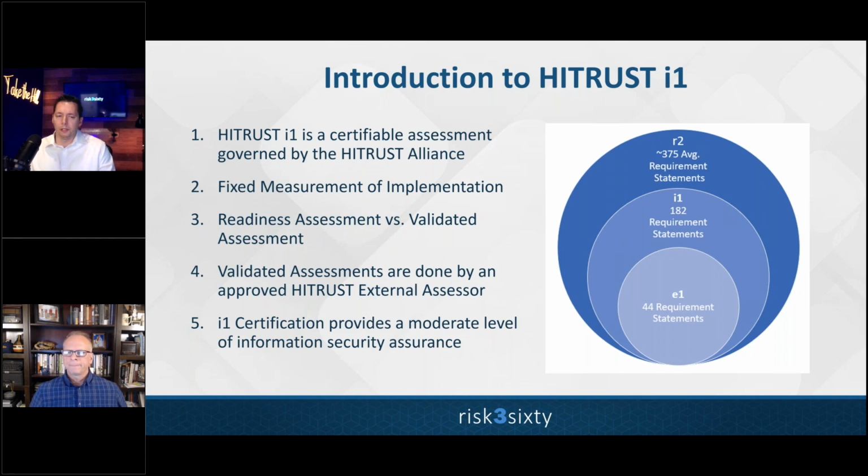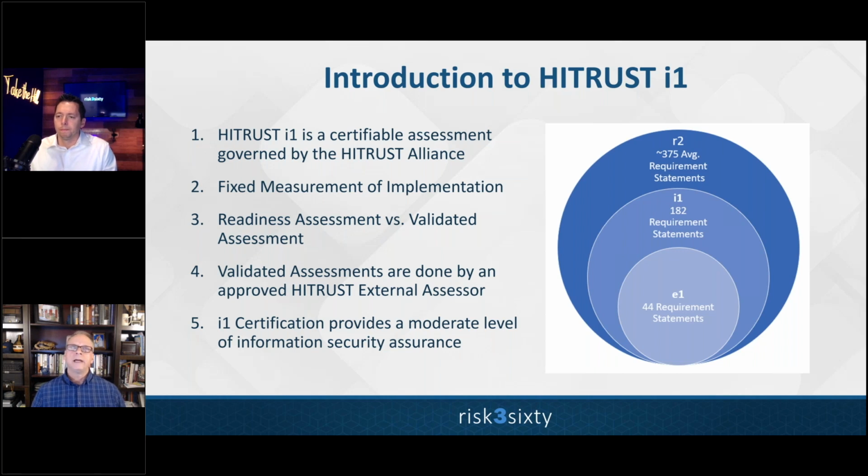Yeah, and you mentioned, Gary, that one of the distinctions with both E1 and I1 is that they're implemented only. Whereas in the R2, you're being assessed against policy, procedures, implemented, potentially measured and managed, it's just implemented for I1. Is that right?